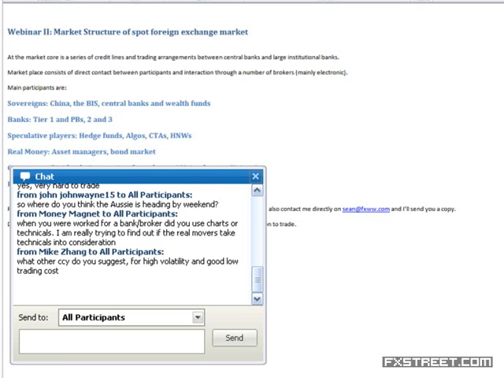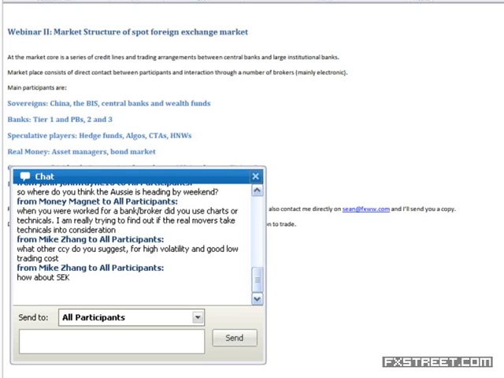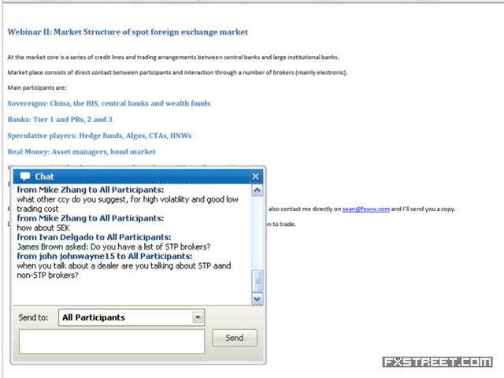Mike asks, which currency do I suggest for high volatility and good low trading cost? Oh, I'm looking for that one too, Mike, if you can find it. Look, I've stopped trading the CAD and the Kiwi and the ZAR and all these things. And the stocky, look, I don't trade it, but I believe it's a pretty reasonable one to trade, but only during European hours.